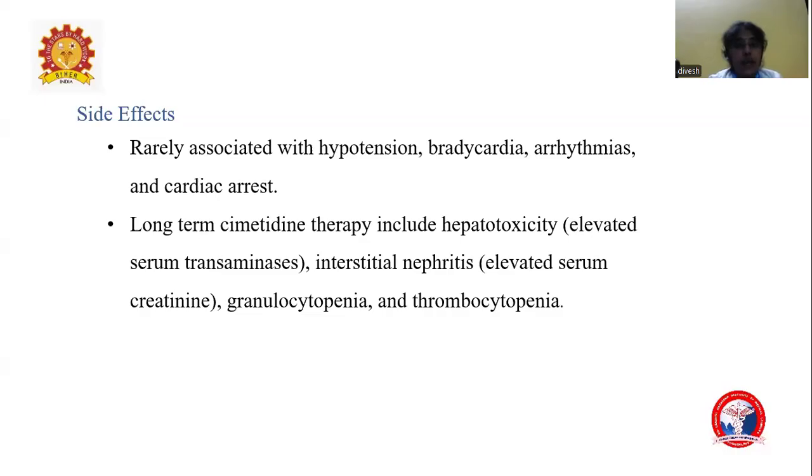Long-term cimetidine therapy causes hepatotoxicity, elevates serum transaminase, interstitial nephritis, elevates the serum creatinine, granulocytopenia, and thrombocytopenia. These are the side effects which occur with long-term cimetidine therapy.